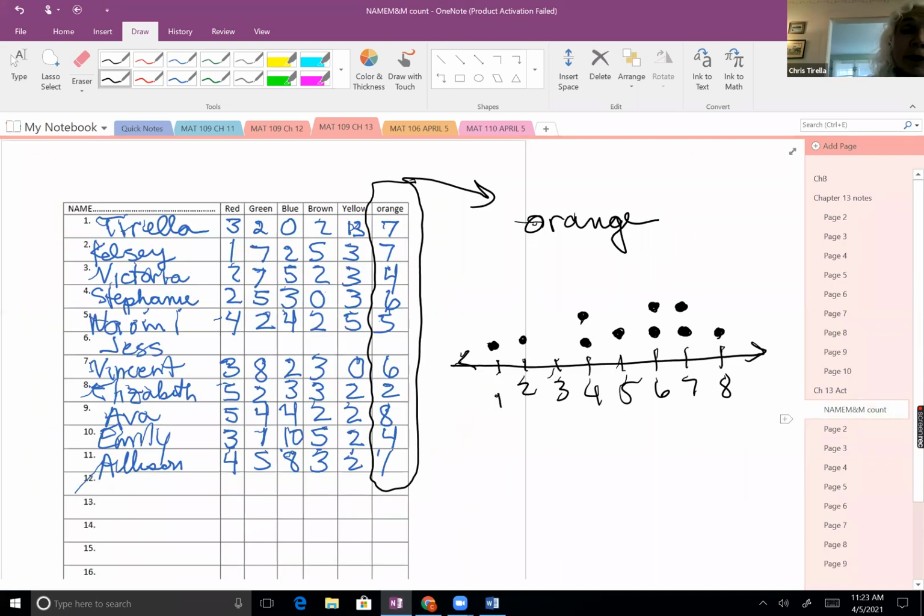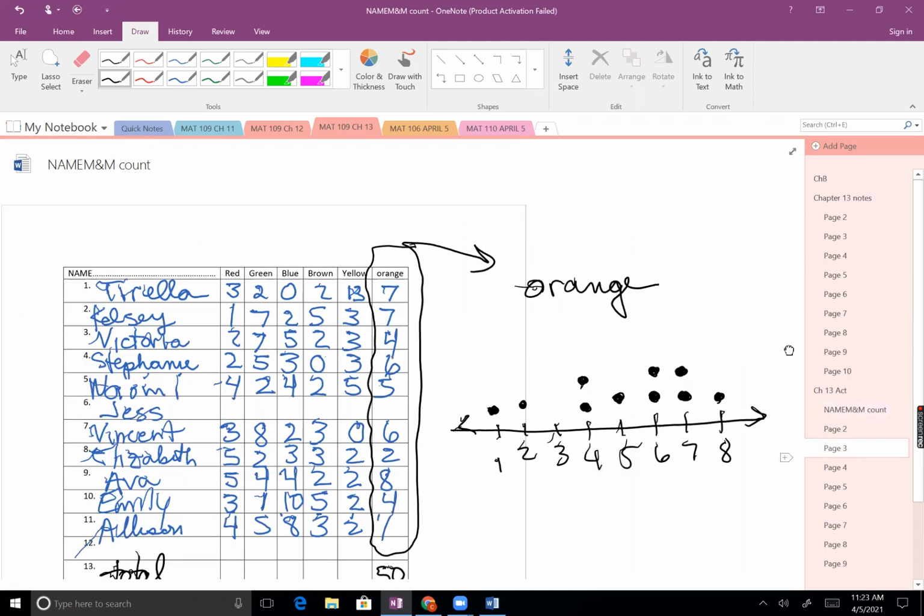And so if I look at, let's say, the oranges, 7 plus 7 is 14, plus 10 is 24, 29, 35, 45. Wow, did that column actually add to 50? And so you're going to come up with a total for each color for the class. Everybody all right with that part?